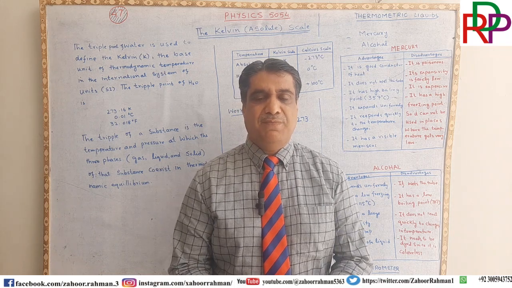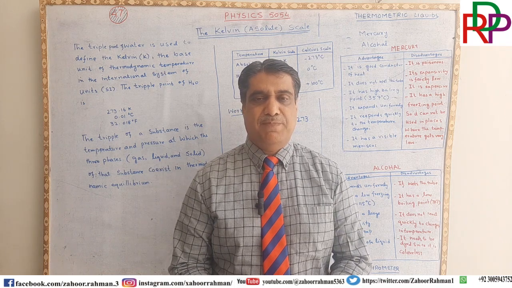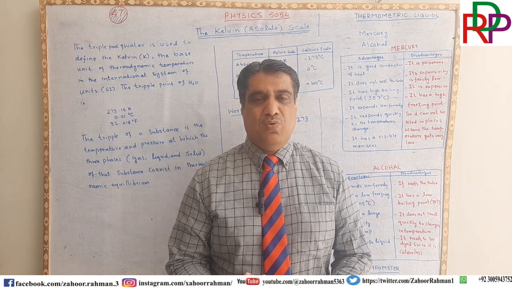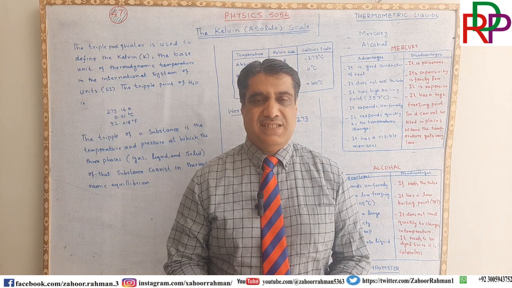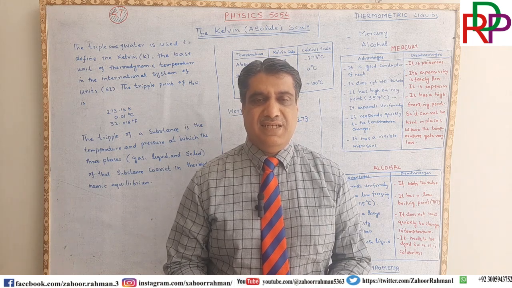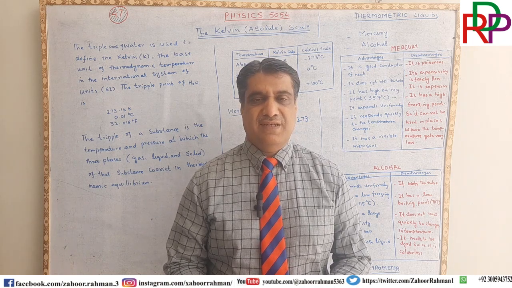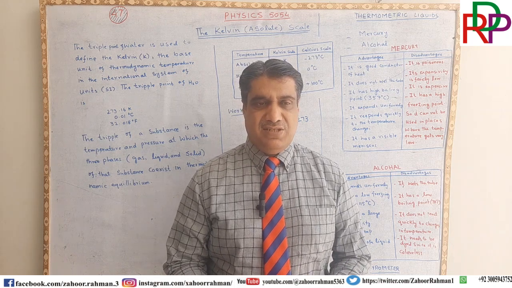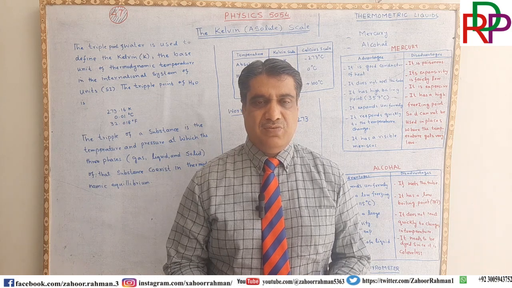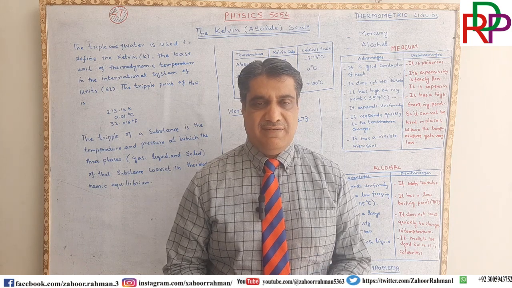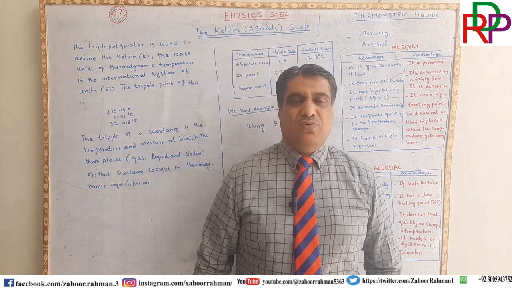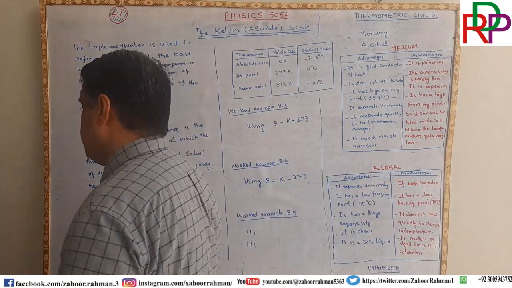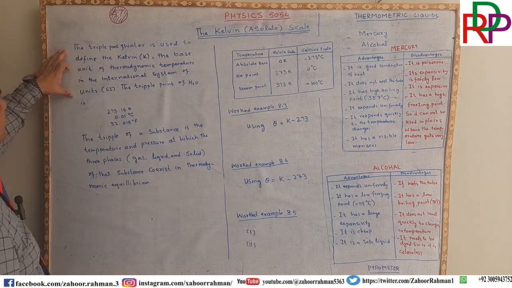Triple point of water is that point at which pure water exists in three different states in equilibrium, that is gaseous state, liquid state, and the vapor state or steam. So let us first discuss this point.